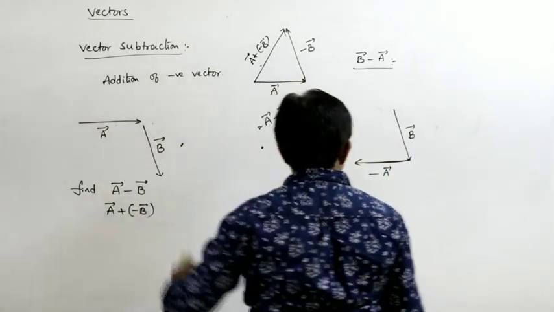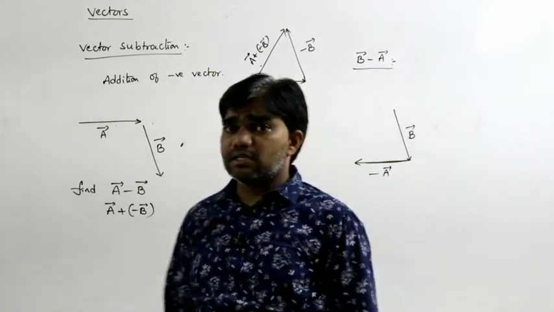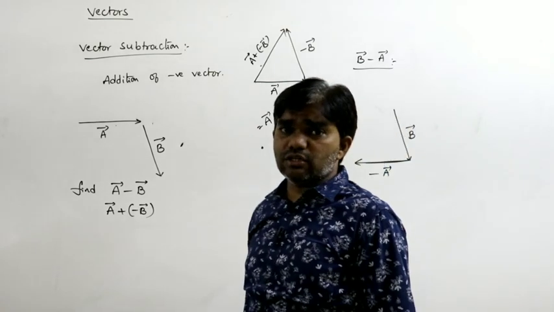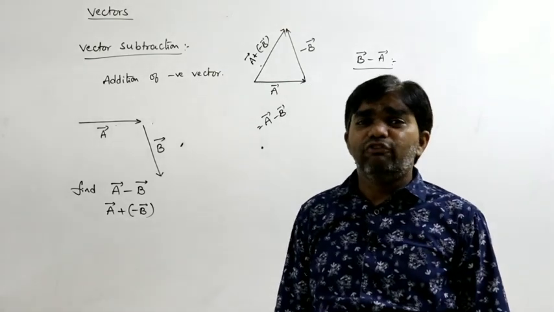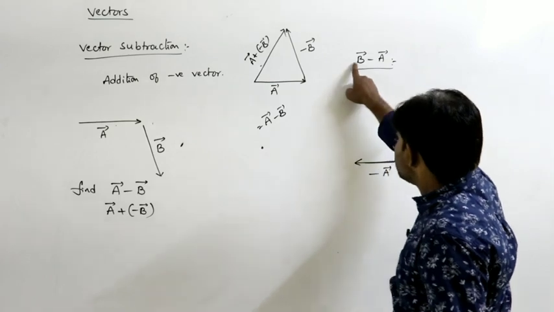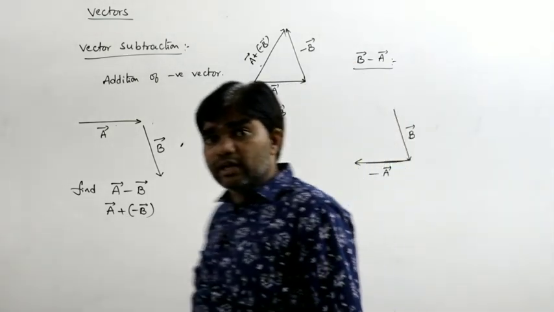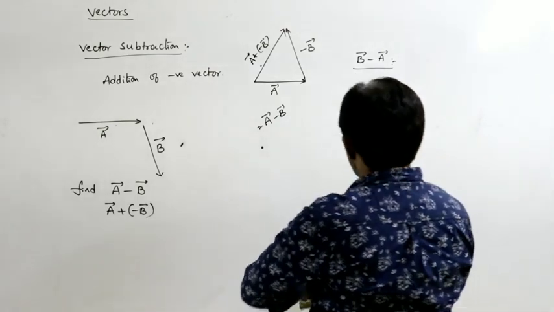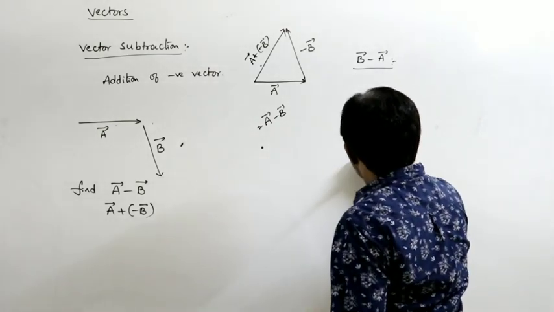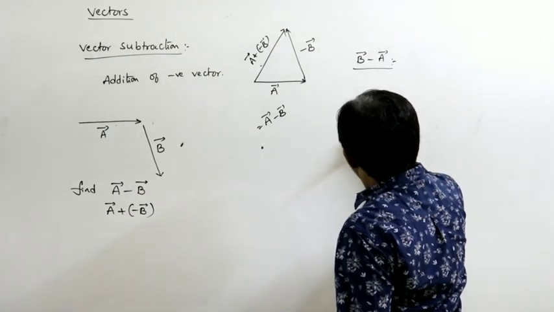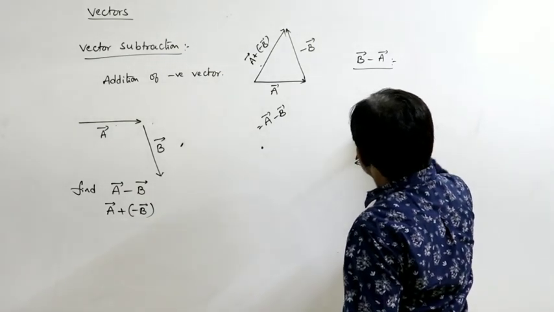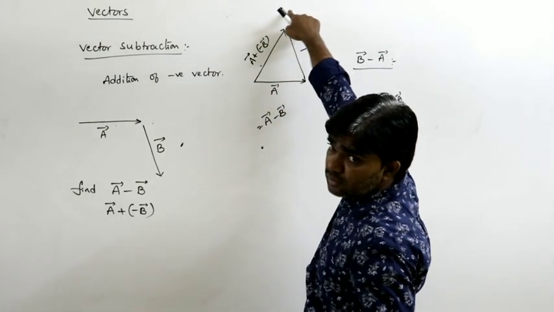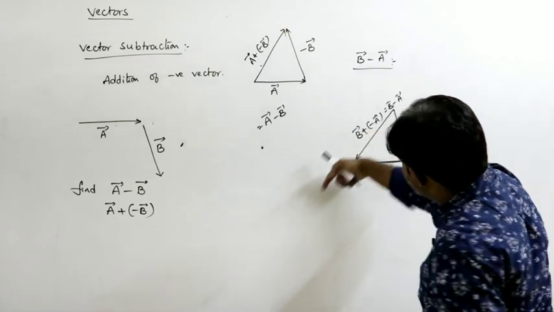This is the direction of plus A bar and this is the direction of minus A bar. Why am I writing the vector A bar here? According to the rules of vector addition, the second vector must start from the final point of the first vector. What is the first vector here? It is B bar. What is the second vector? A bar. The line joining these two gives B bar plus minus A bar, which equals B bar minus A bar. What is the direction of A bar minus B bar? This is the direction. That means what is the direction of B bar minus A bar?